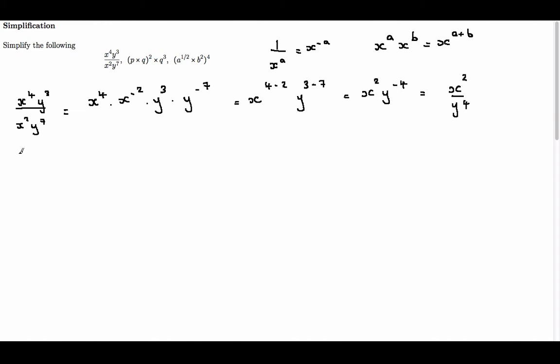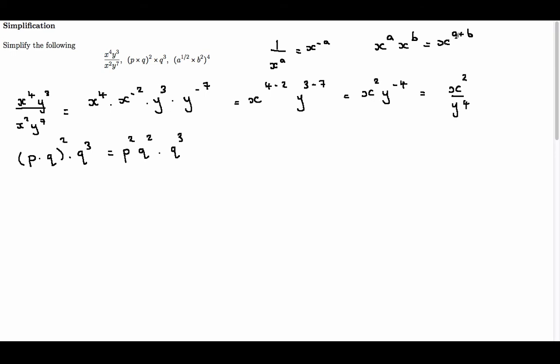So moving on to p times q squared times q cubed, we see that when we have p times q all squared, we can write that as p squared q squared, and we have a multiplying by q cubed.